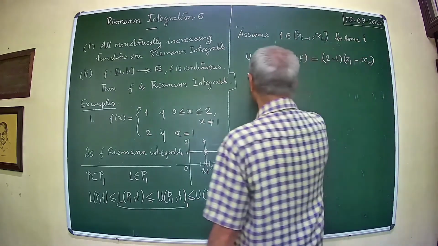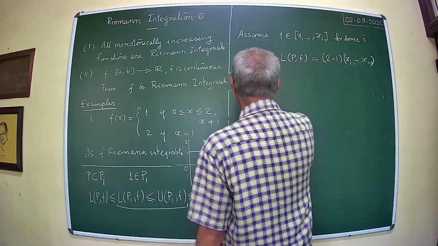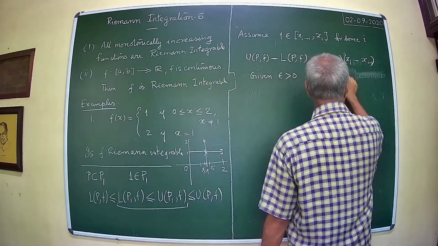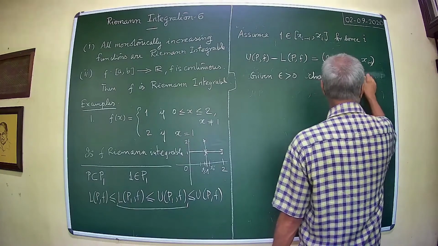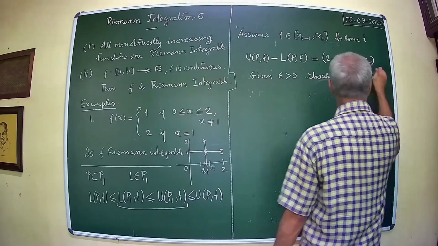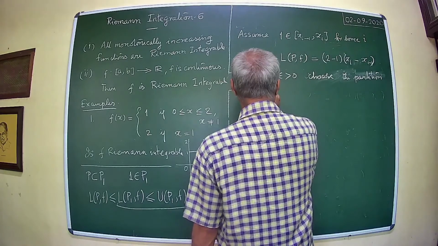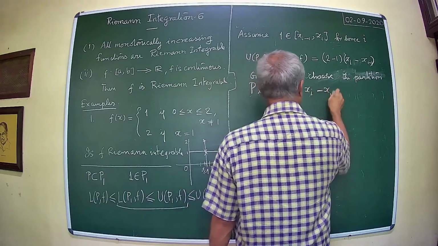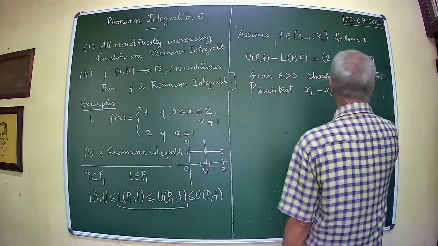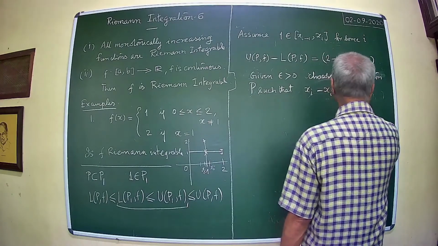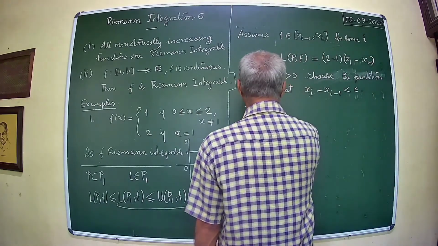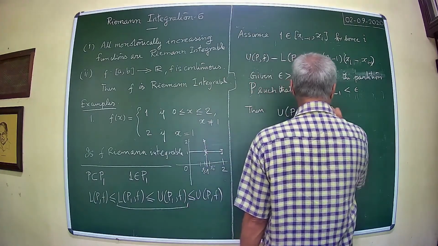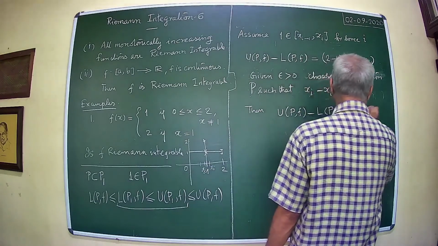So choose the partition P such that x_i minus x_{i-1} is less than epsilon, and one gets U(P, f) minus L(P, f) is less than epsilon.